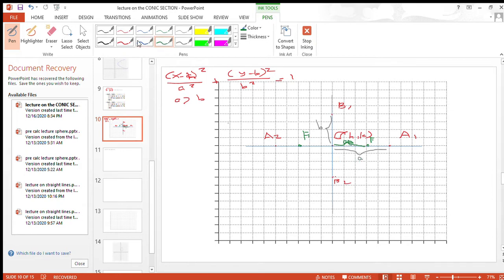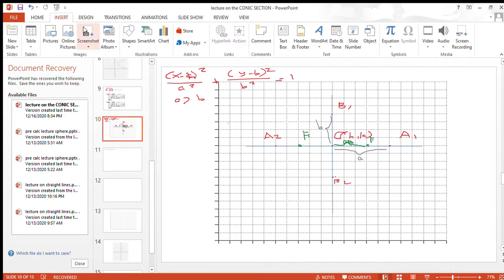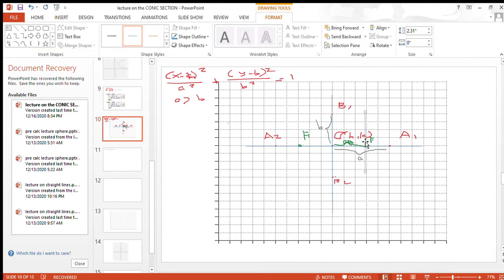From there, if we will draw again lines, this time parallel to the minor axis passing through F, that will be a latus rectum. And then let's draw another line here passing through F1.